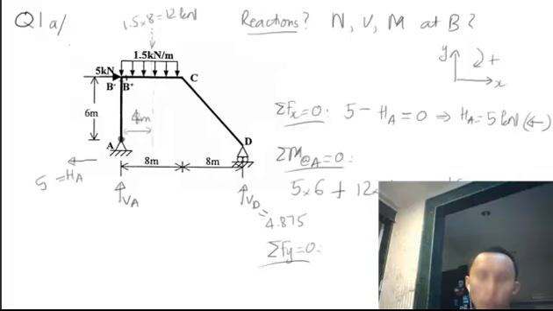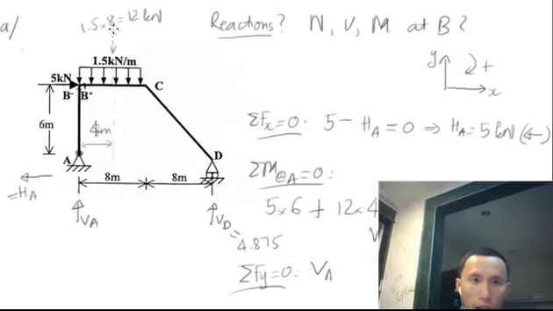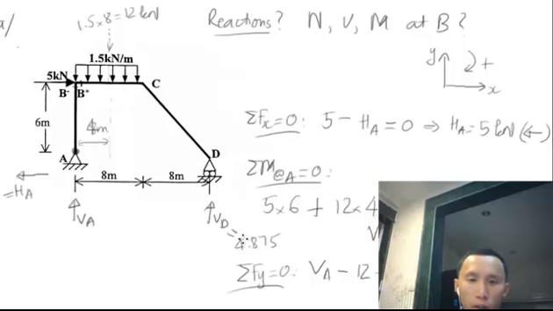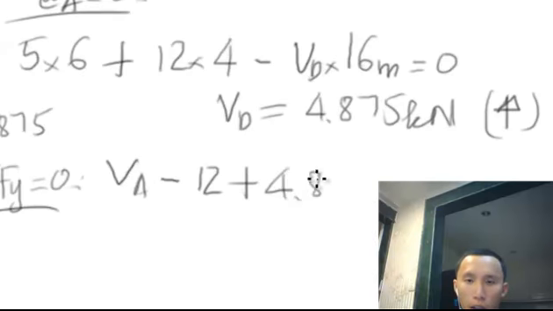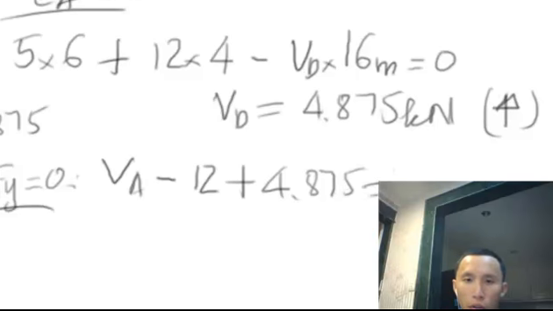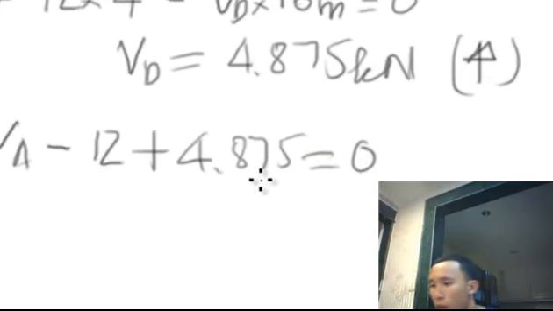So put it in. This is VA upward, right? So VA positive, then negative 12, then positive VD, which is 4.875, equal to 0.